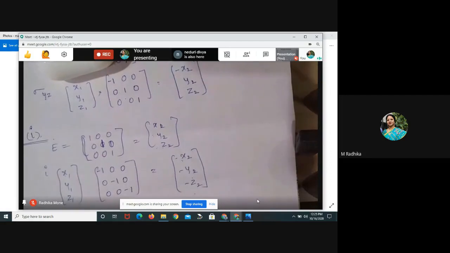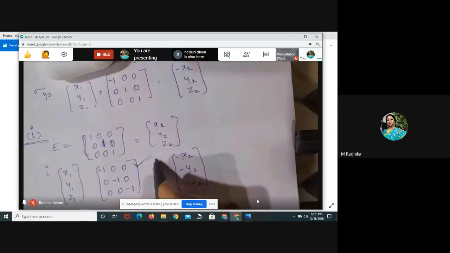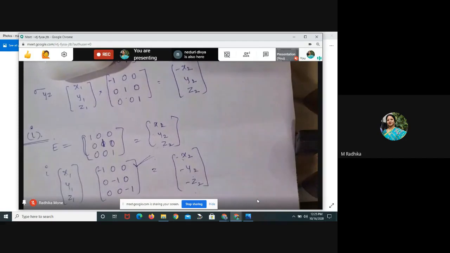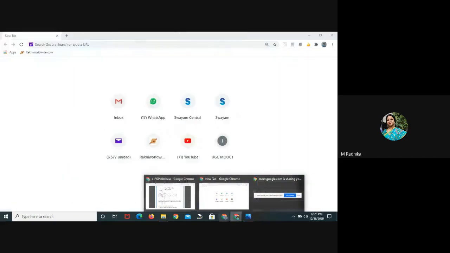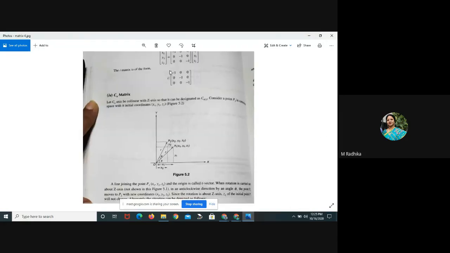So this is your inverse matrix: minus 1, 0, 0; 0, minus 1, 0; 0, 0, minus 1.